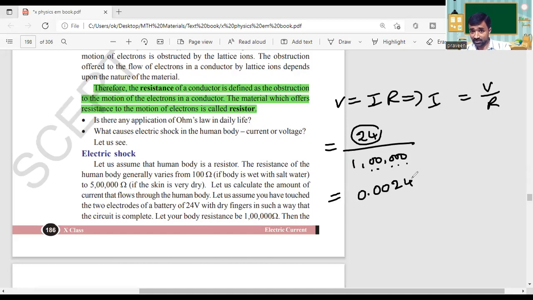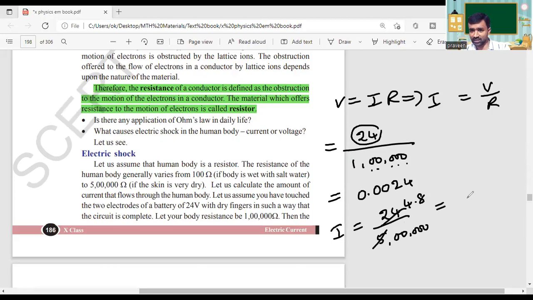Okay, then for 5 lakh ohms, V is 24, same, no change. Then I equals V by R. V is 24 by R is 5 lakh ohms. So first of all, cancellation. What will I get? 4.8. So how many zeros are there? 5 zeros.